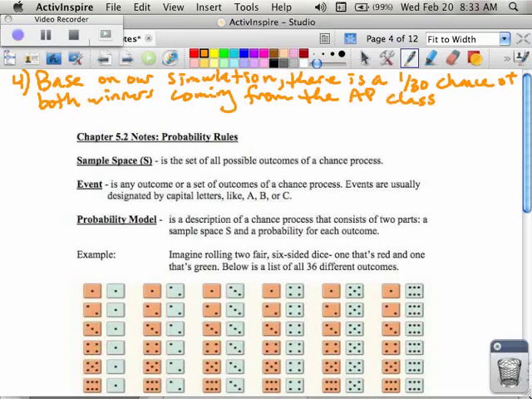And you can use a decimal representation, that's 3.3% or something like that. That's pretty small. Which is a very small chance.